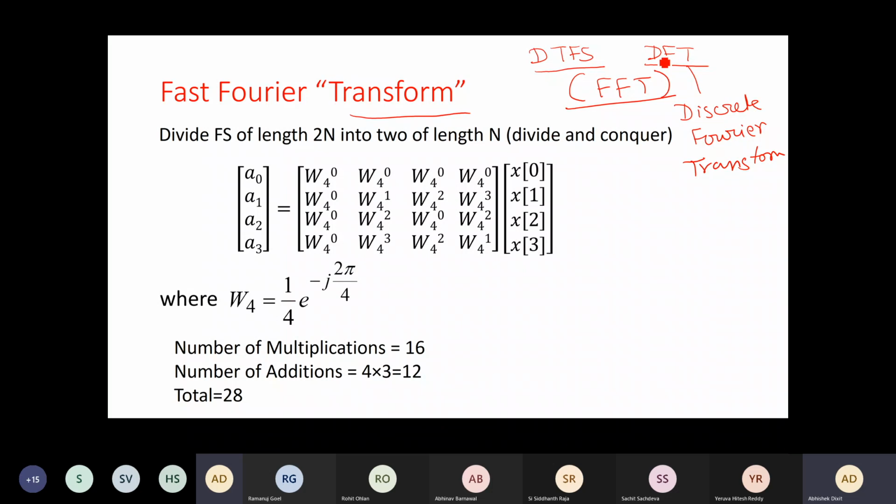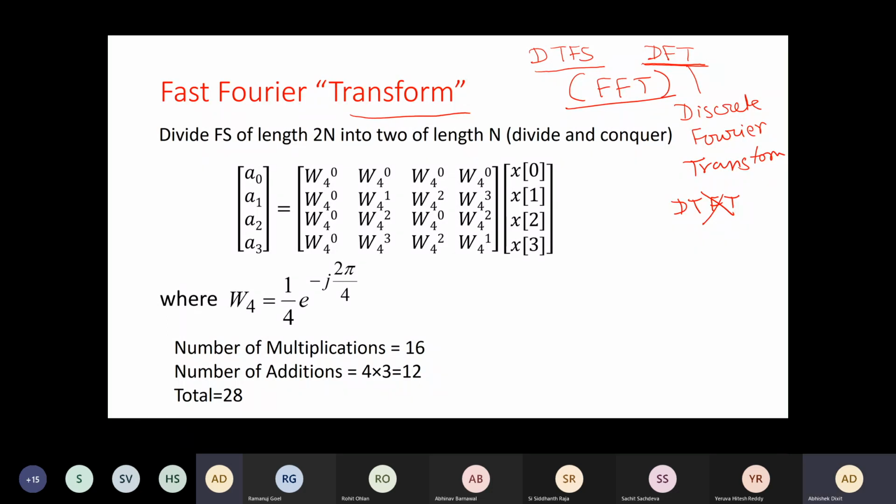If you think, DFT looks closer to DTFT, right? But it has nothing to do with DTFT. DFT is the same as DTFS, so engineers started calling DTFS as DFT, discrete Fourier transform. Just bad naming, I would say.